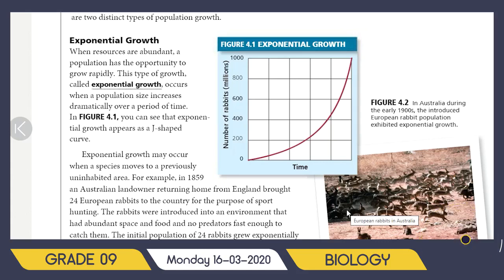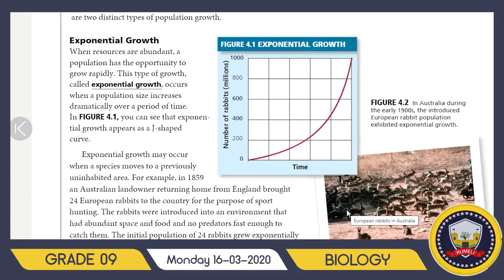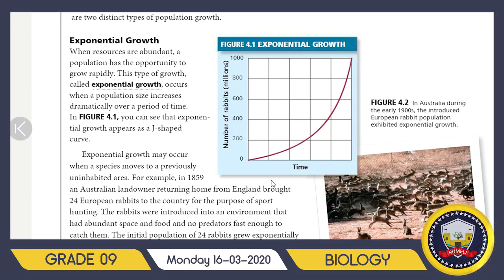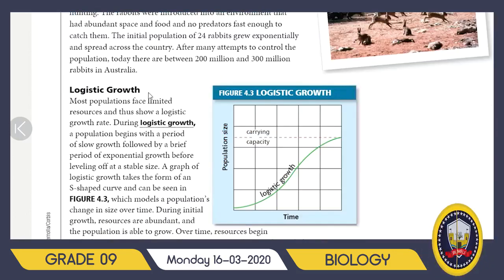So the population in these metropolitan cities grew exponentially, while in small cities with limited resources, we have something called logistic growth.